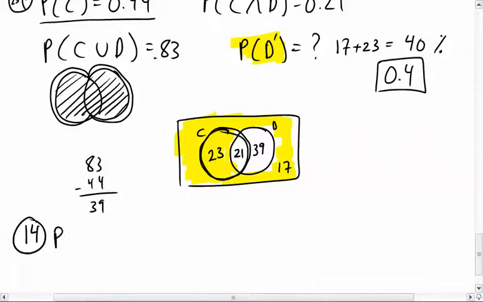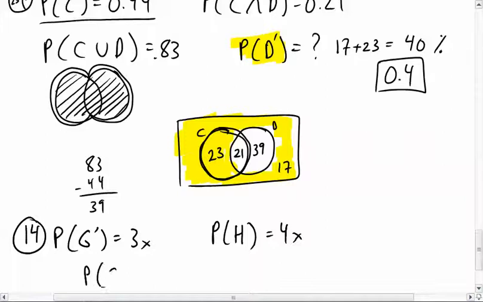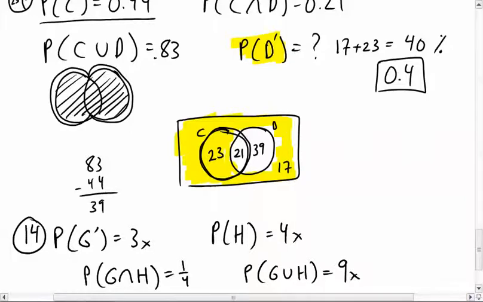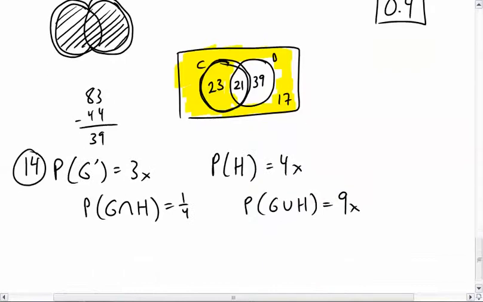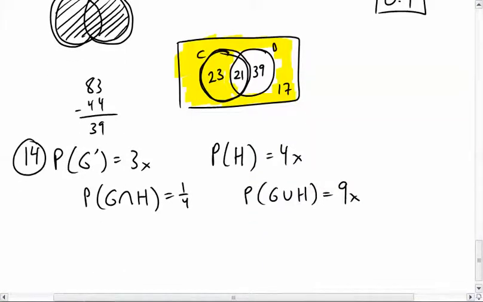So we know that not G is 3x, H is 4x, the intersection is 1/4, and the union is 9x. This one might be a little bit harder to do with the diagram, but again, because I'm a visual learner, I like to do it that way.